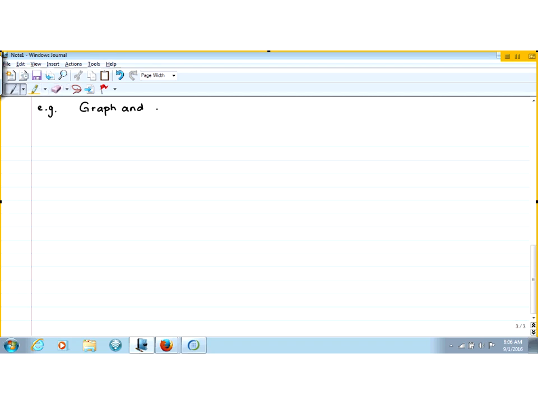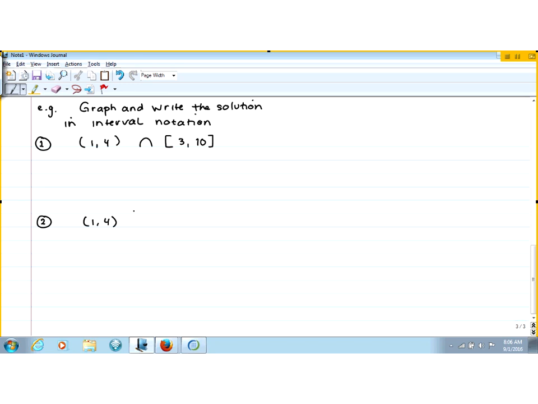Graph and write the solution in interval notation. All right. So, number one, (1, 4) intersection (3, 10). So, number 2, (1, 4) union (3, 10).